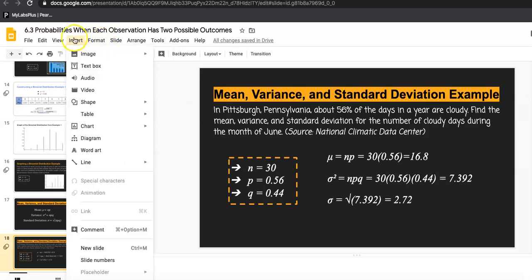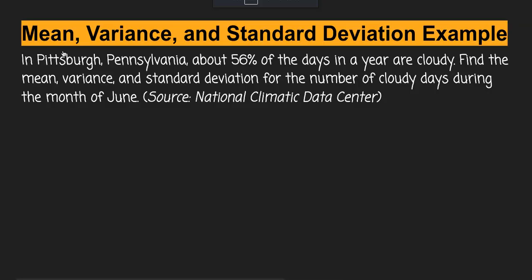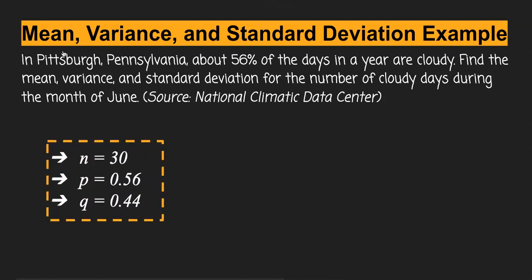So let me go back and present. Do you know how sometimes they don't give you all the numbers that you need to use? But we know n is 30 because there are 30 days in the month of June. P is 0.56 because they did tell us 56% of the days are cloudy.